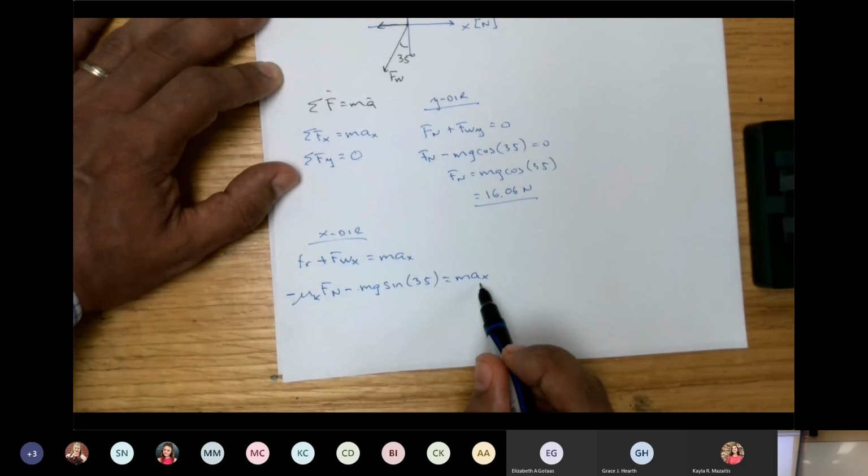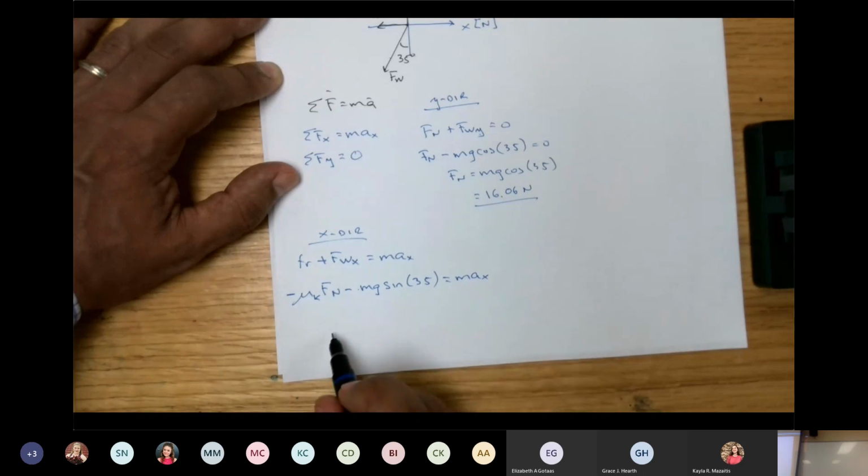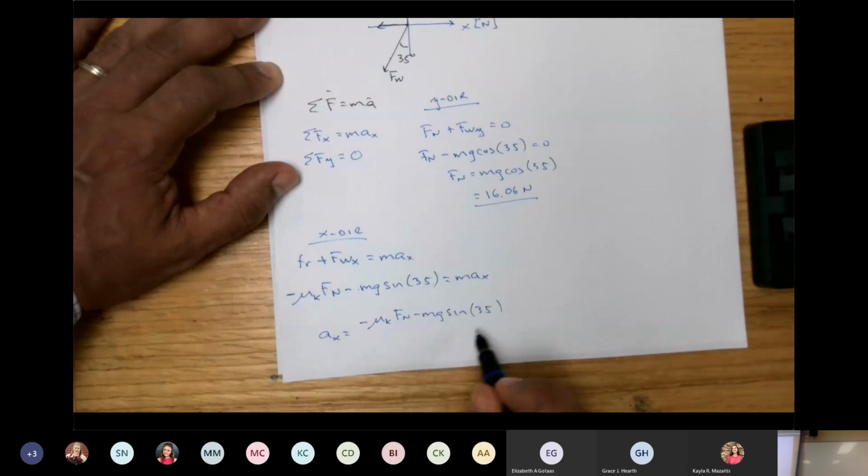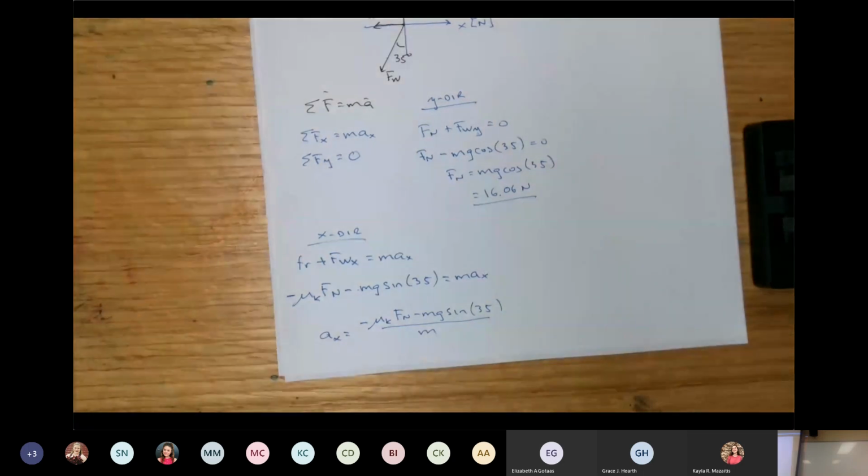Remember, what I want to calculate is a_x, this acceleration. So from here, I can just solve, and I'm going to have minus mu_k F_n minus mg sine of 35, over m. There are other ways that you can try to simplify this equation, but this is just one way.